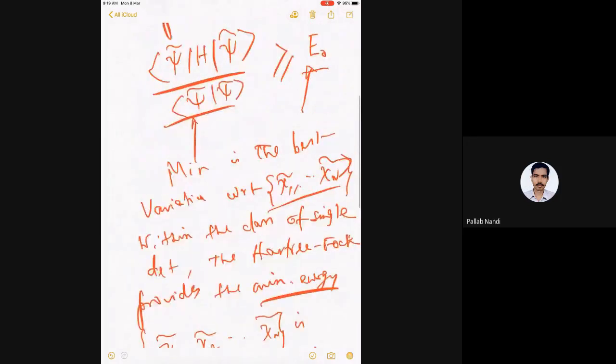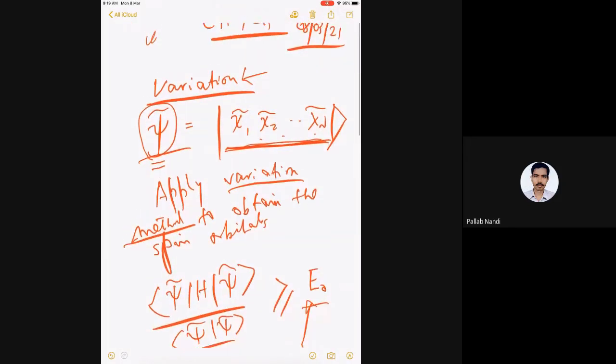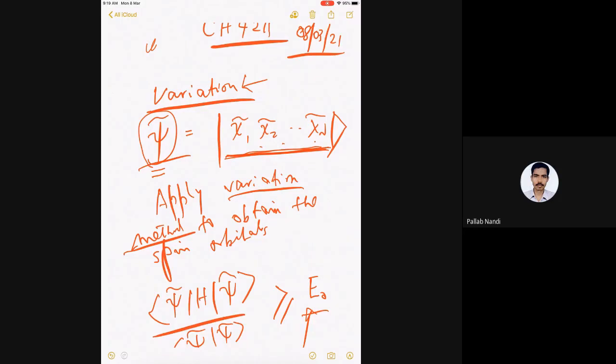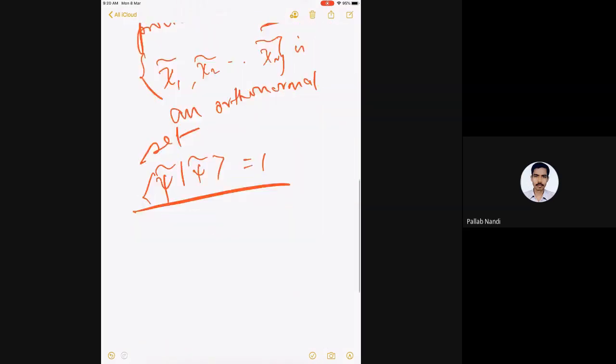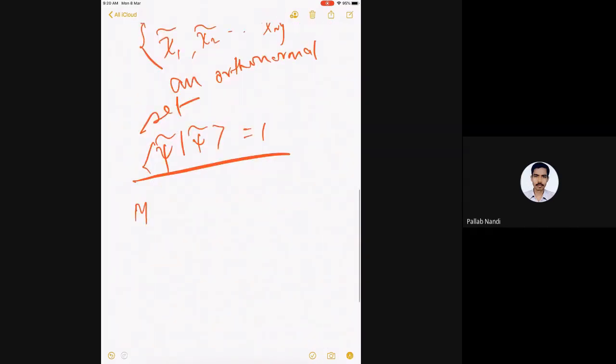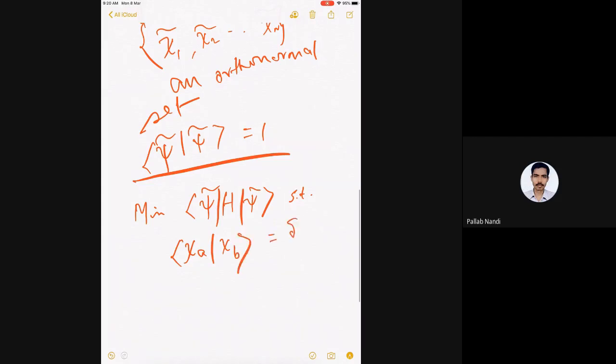If I have n spin orbitals which are orthonormal, then this entire determinant is normalized to unity. So that is the advantage, so I can knock this off. Then my condition becomes, I minimize simply the numerator subject to the condition that chi A, chi B is equal to delta AB.